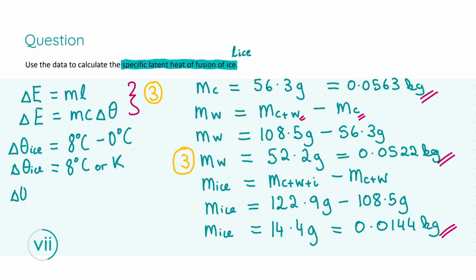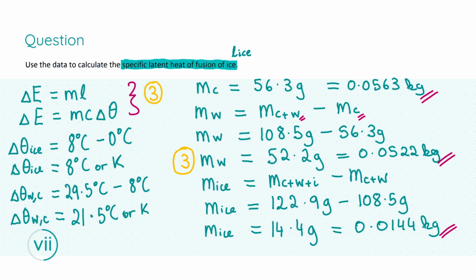Now, looking at the change in temperature for the water or for the calorimeter, they're both the same because they're both losing heat energy and they were both started at the same temperature. We're going to have to take the final temperature value from the initial temperature value, i.e. we're going to have this difference of 29.5 and 8 degrees Celsius, which just gives us an overall difference in temperature value of 21.5 degrees Celsius or Kelvin.